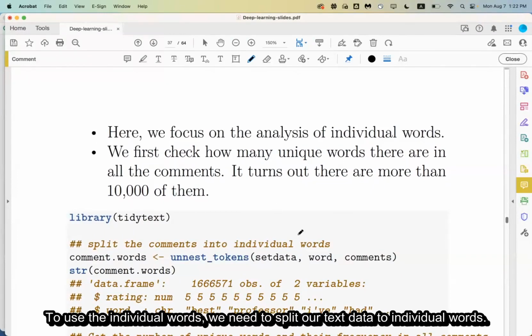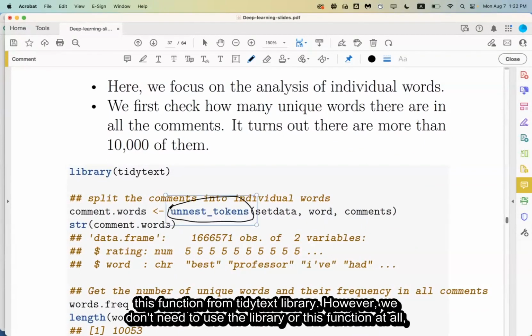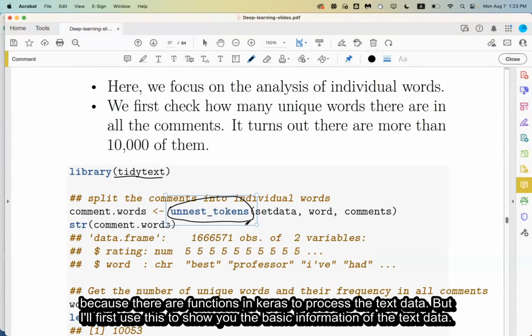To use the individual words, we need to split our text data into individual words. To do that, we can use this function from the tidytext library. We don't need to use this library or function at all, because there are functions in Keras to process text data, but I first use this to show you the basic information of the text data.